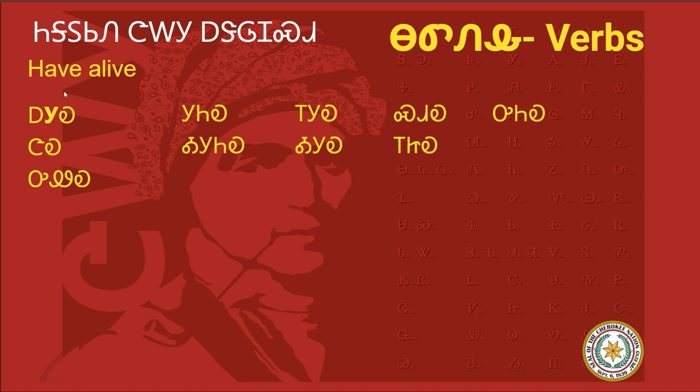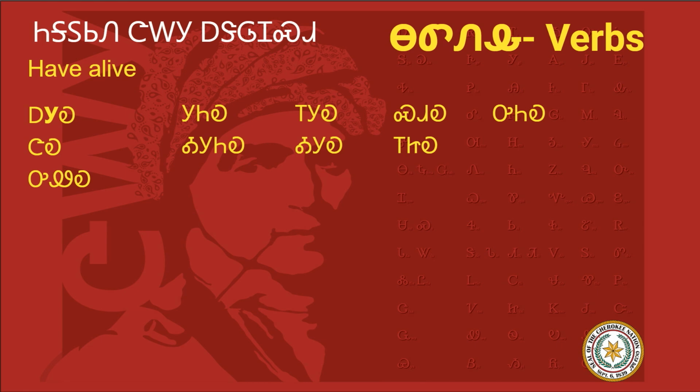All right. Here's having something alive. Agikon, I have it. Jakon, you have it. Uwekon, he or she has it. Ginikon, you and I have it. Oginikon, we too have it, but you don't. Igikon, all of us have it.